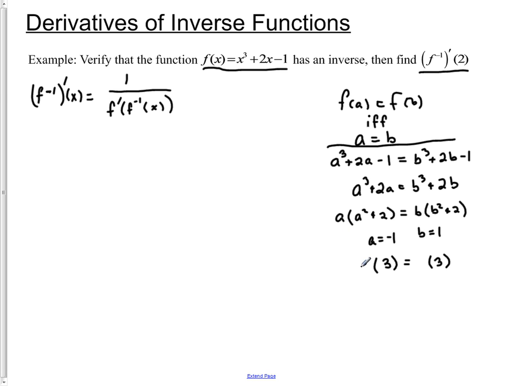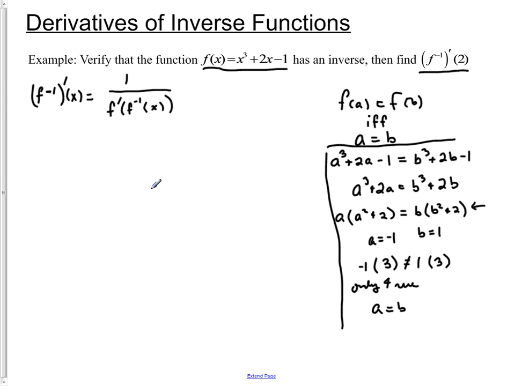But a is equal to negative 1 and b is equal to positive 1, and these two aren't equal, right? In other words, the only way that this statement right here could be equal is if a equals b. So we know that this is a 1 to 1 function.